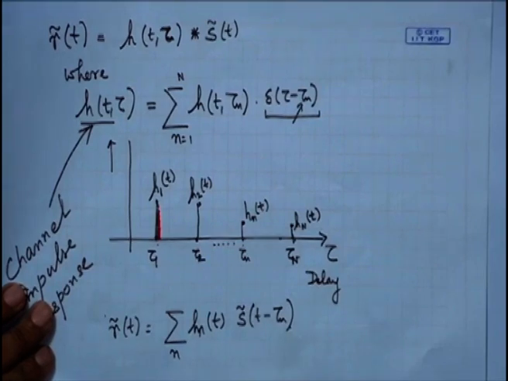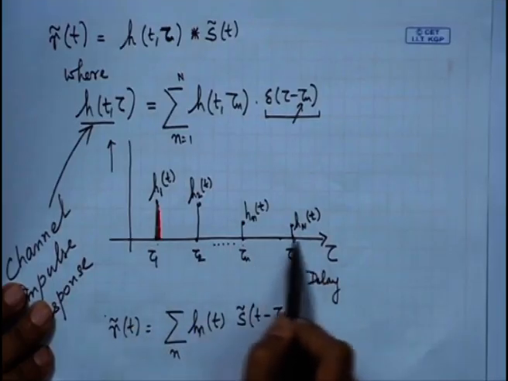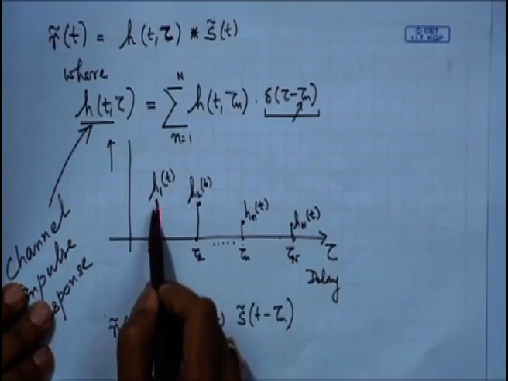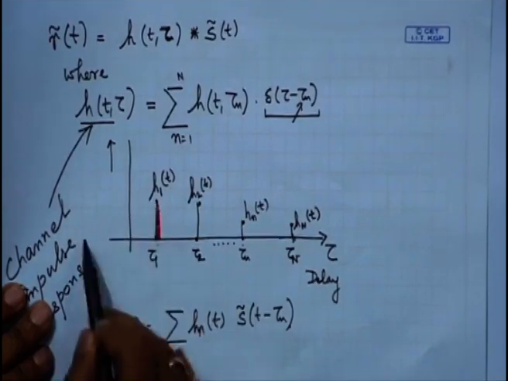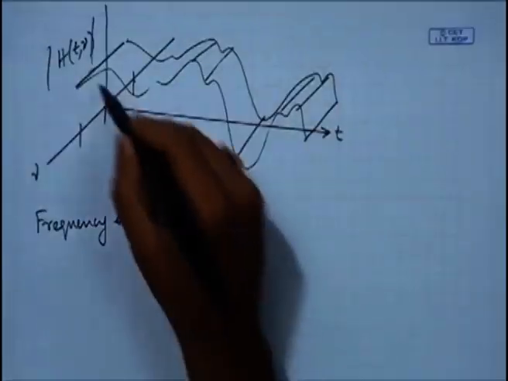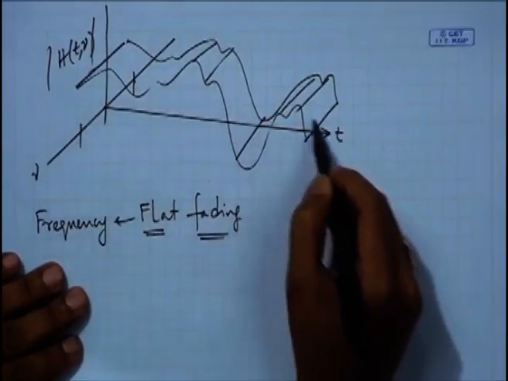So, that is the final consequence that we have, that if these delays or path differences are negligible relative to each other, we have all the paths arriving at the same time. In that case, the frequency selectivity of the channel is flat. That means, it is not fluctuating with frequency, but it is fluctuating with time.